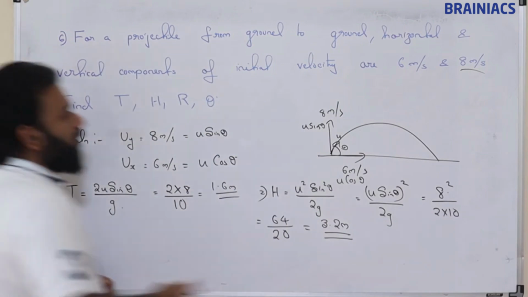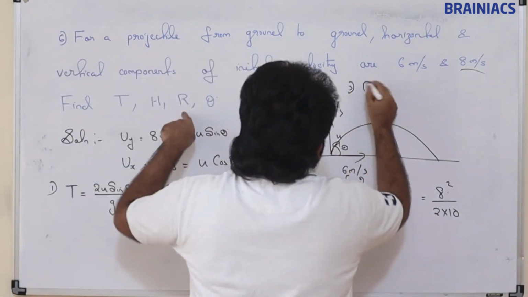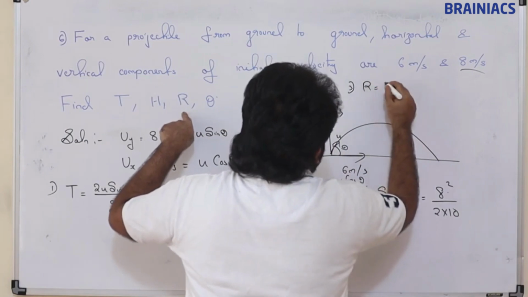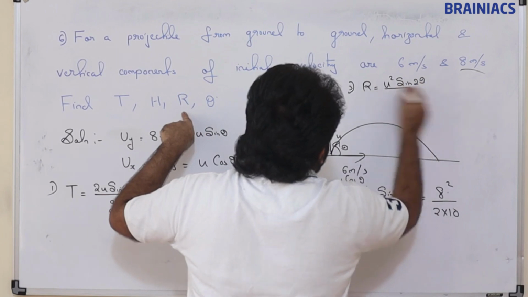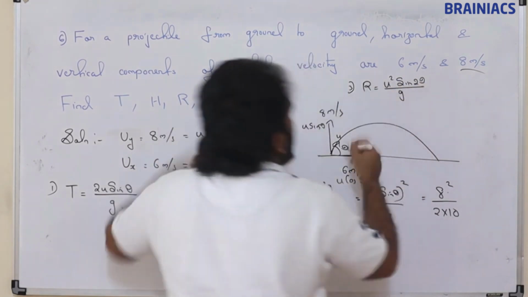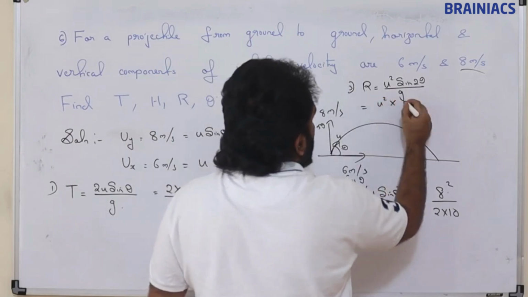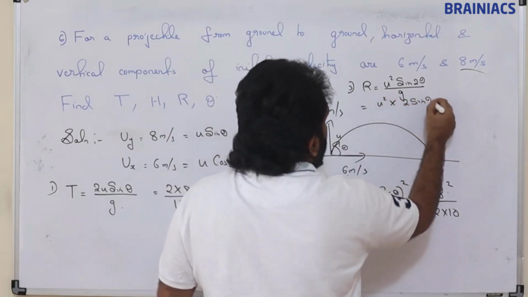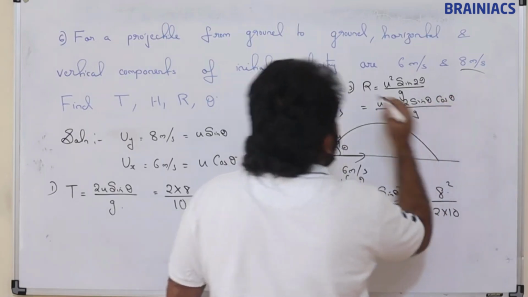Now the third one is range. Range is u square sine 2 theta divided by g. This one we can write as u square into 2 sine theta cos theta divided by g.